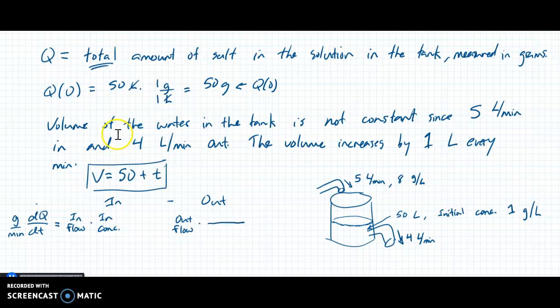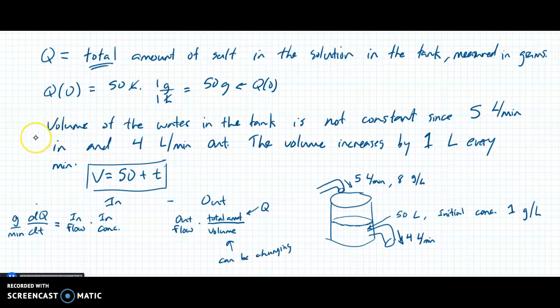Now this fraction is the total amount in grams, or pounds if you're using other units, which is always going to be Q, and then over the volume of the water in the tank. And this can be changing, like it is in this example.